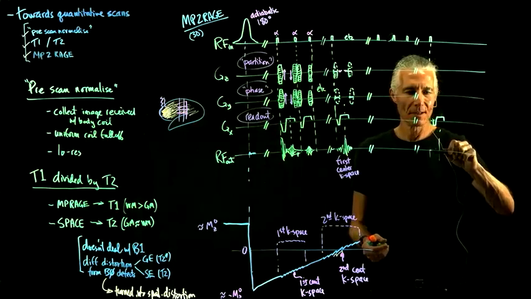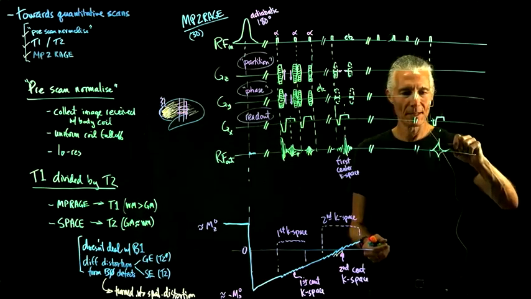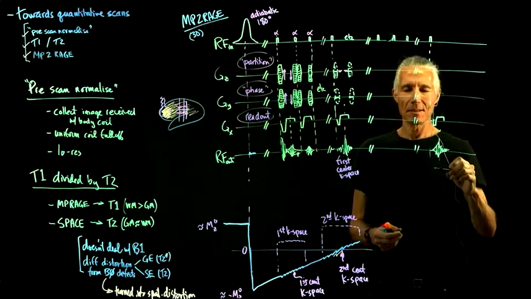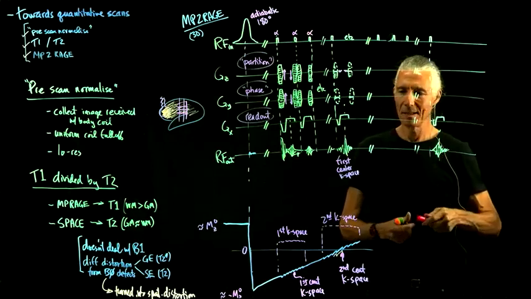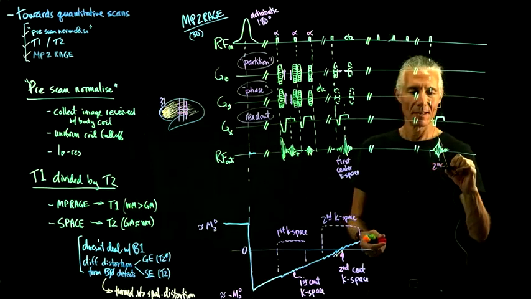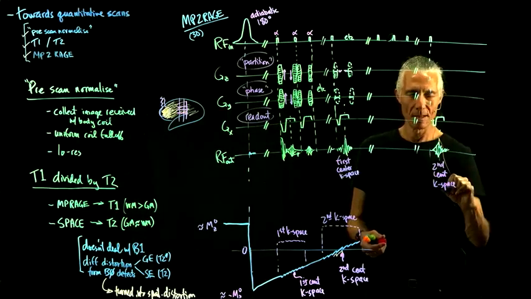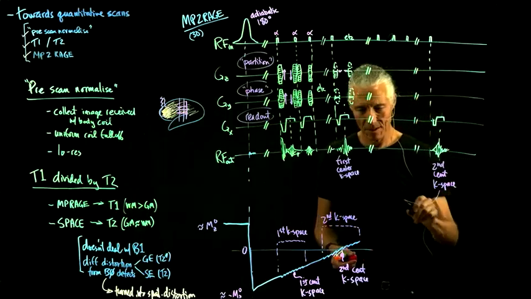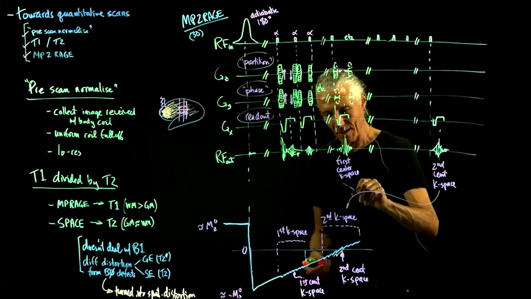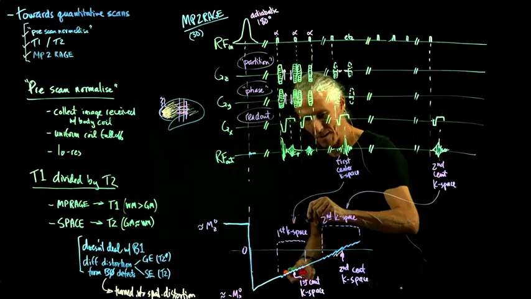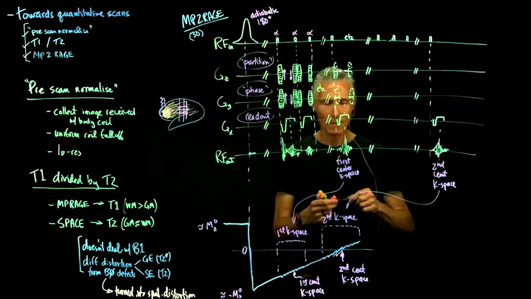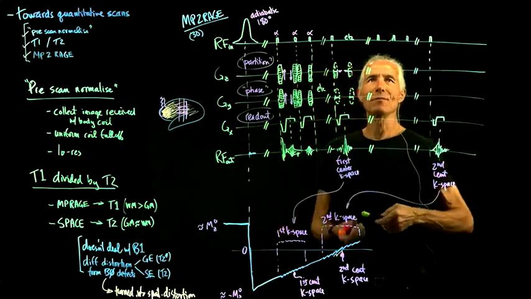So here's our second time through k-space. This is the second center of k-space. So we end up with two complete images. This guy goes here, this guy goes here, and this is all filled in.